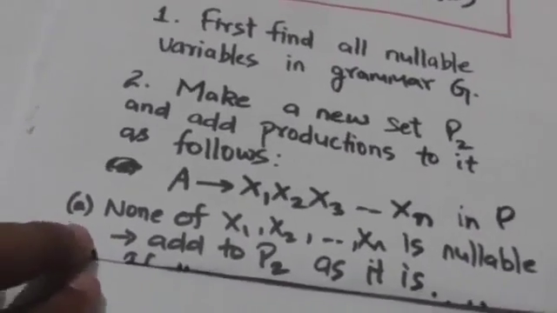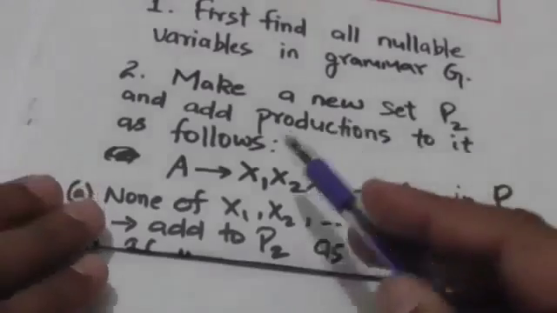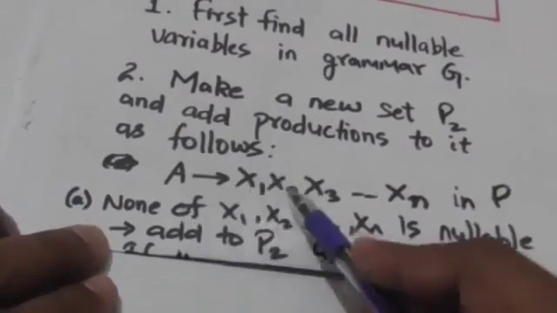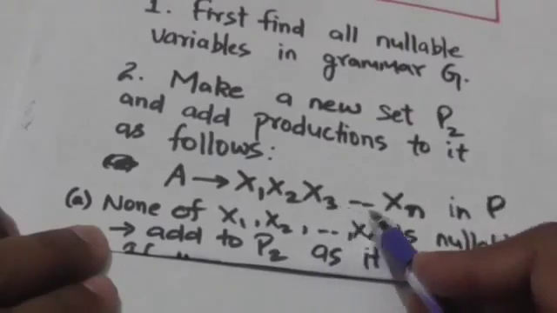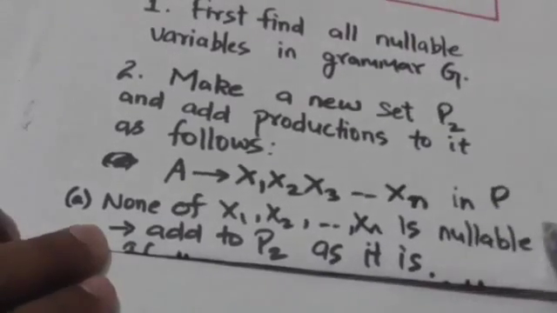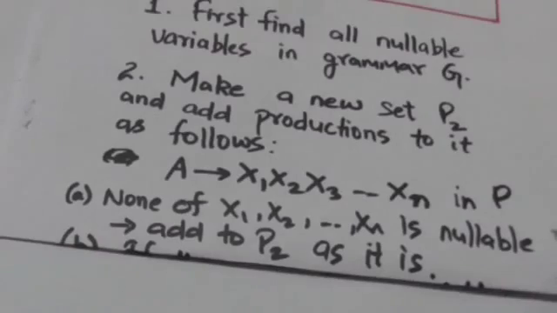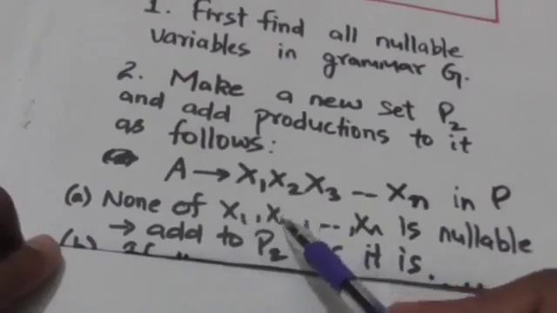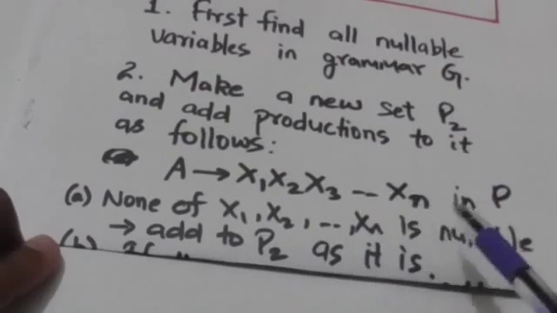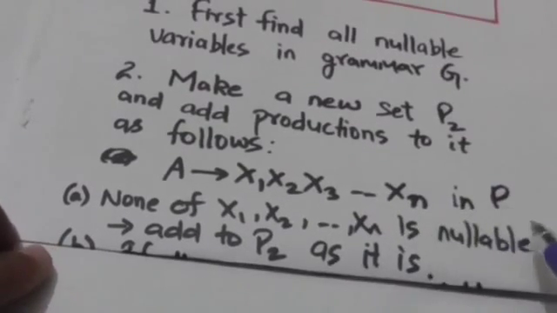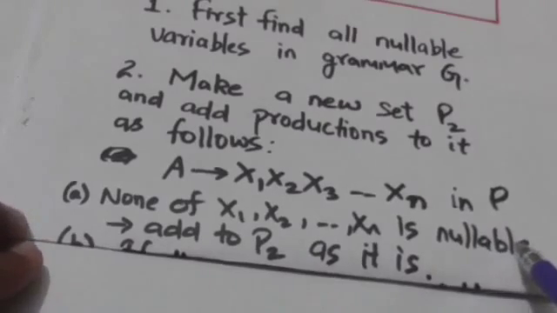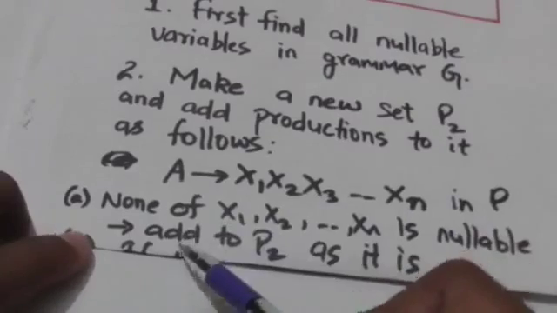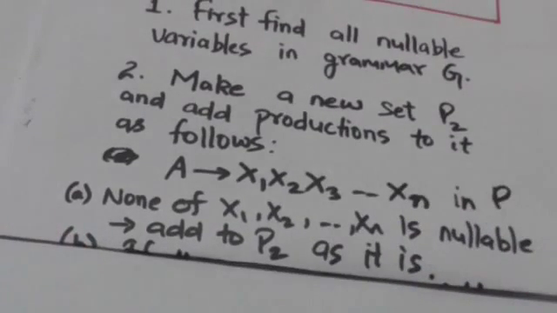Now, if there is a production A derives x1, x2, x3 up to xn in set P, and none of the symbols x1, x2, x3 up to xn is nullable, then add this production to set P2 as it is.